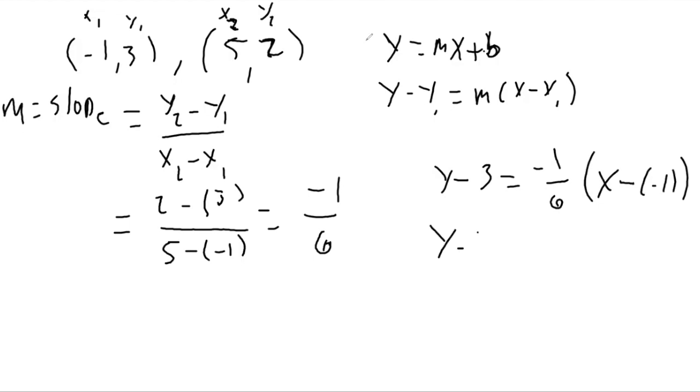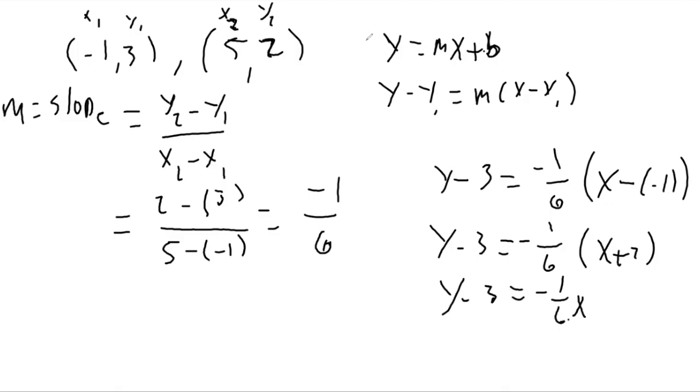So let's clean this up a little bit. X plus 2 here. Let's distribute that 1/6. -1 over 6x minus 1/3.